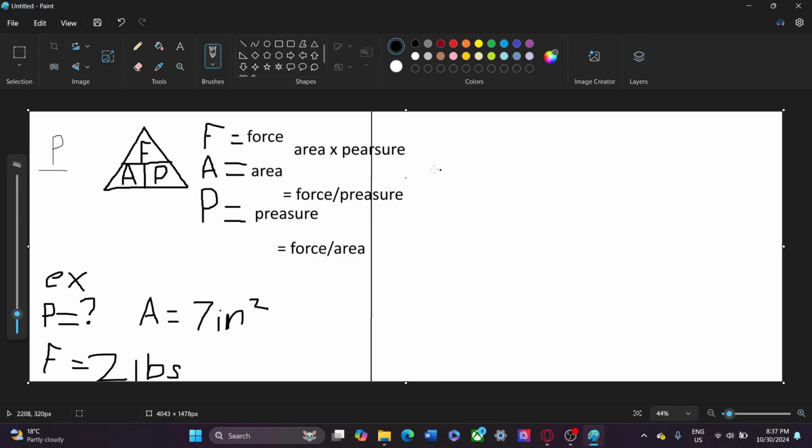Okay, so now let's see what we have to find. We have to find pressure. So we know pressure is force, which is 2, over 7, which is our area.